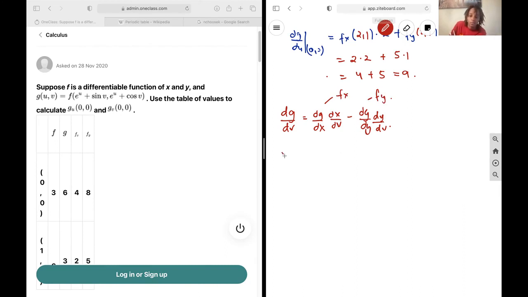We have stated that x is equal to e to the u plus sine v. So x at the point (0, 0) is going to be equal to 1 plus 0, so 1.